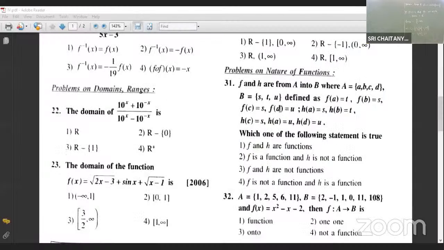F and H are functions from capital A into B, where A is equal to {a, b, c, d} and B is equal to {s, t, u}, defined as F of a is equal to t, F of b is equal to s, like that he has given you. First of all, write down that one in ordered pairs. Observe that problem clearly.